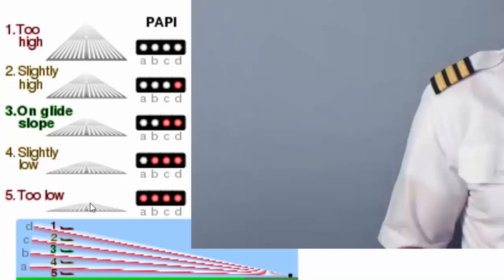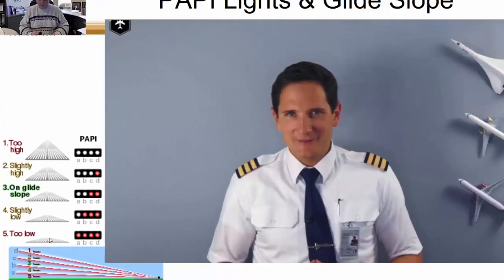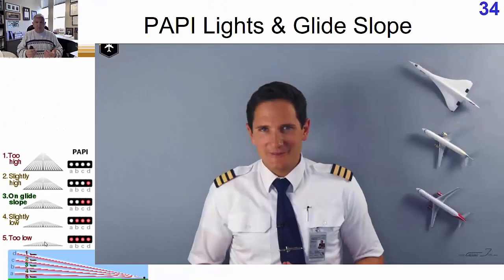So J.J. Gibson, looking at texture gradients, looking at the focus of expansion, allowed the creation of this system of lights that, depending on your angle of height, would help pilots visually navigate the right attack angle for landing.